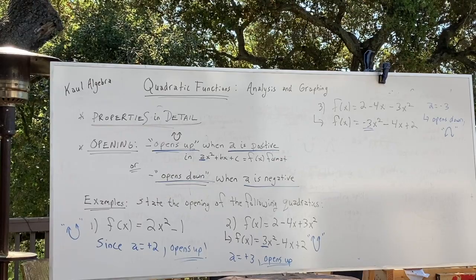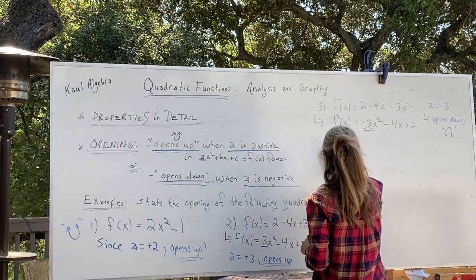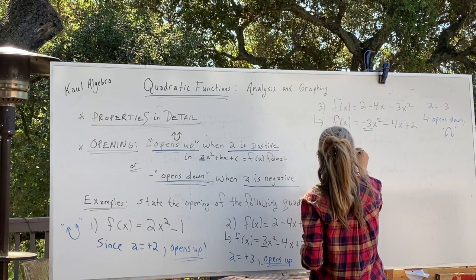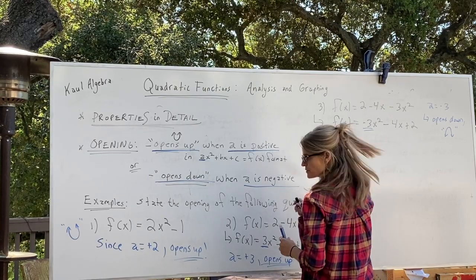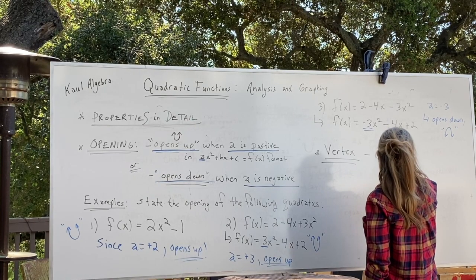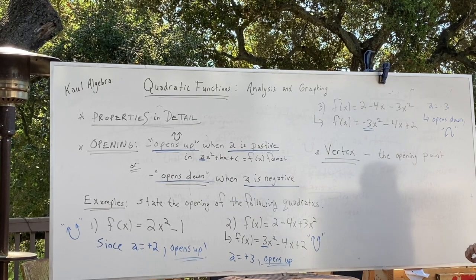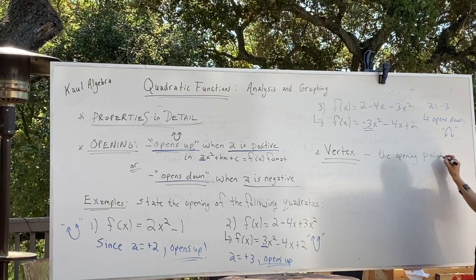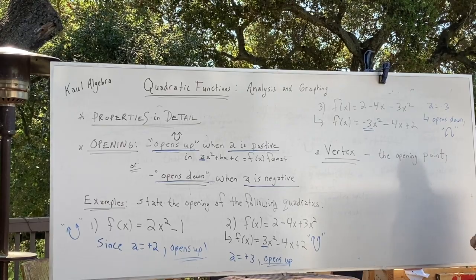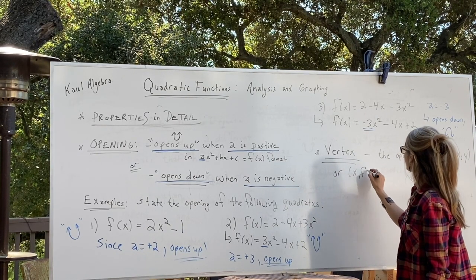What we want to do next is look at a very important property called a vertex. So the vertex, very important. This is the opening point. Points on any graph expressed in two variables, x and y, are expressed as the ordered pair x comma y, or since it's a function, x comma f of x.